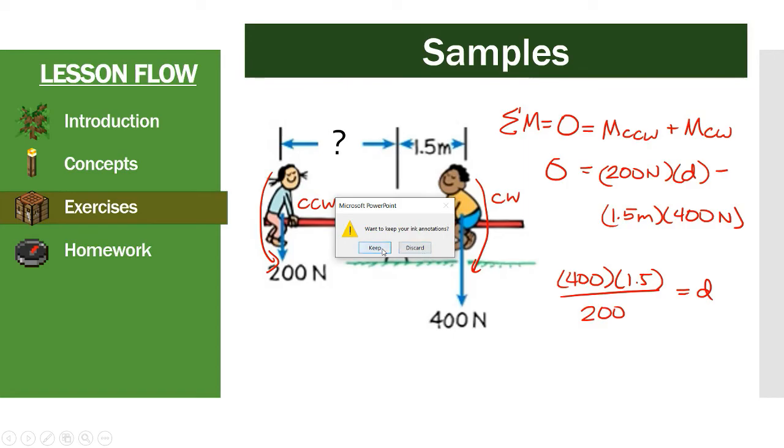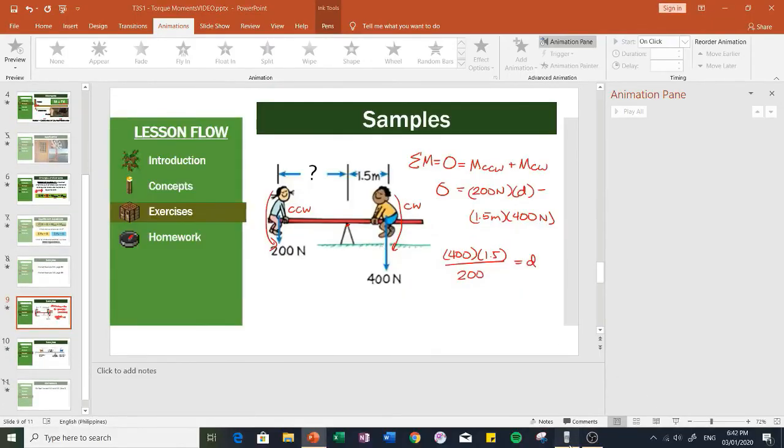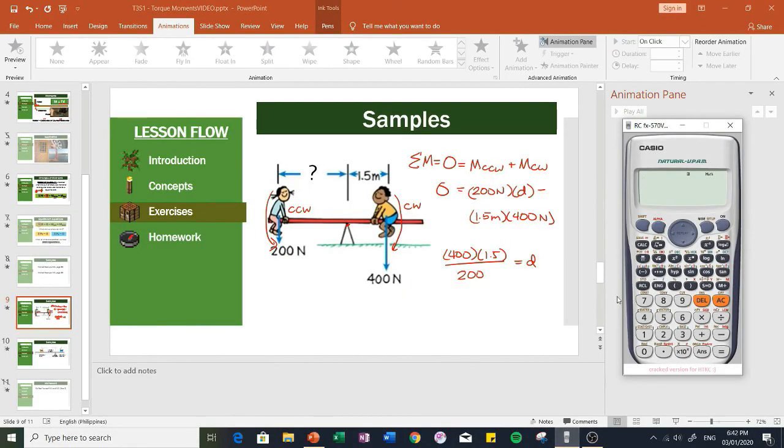I'll just keep these annotations as said. Okay, so that would be 400 times 1.5 divided by 200 gives me a distance of 3.